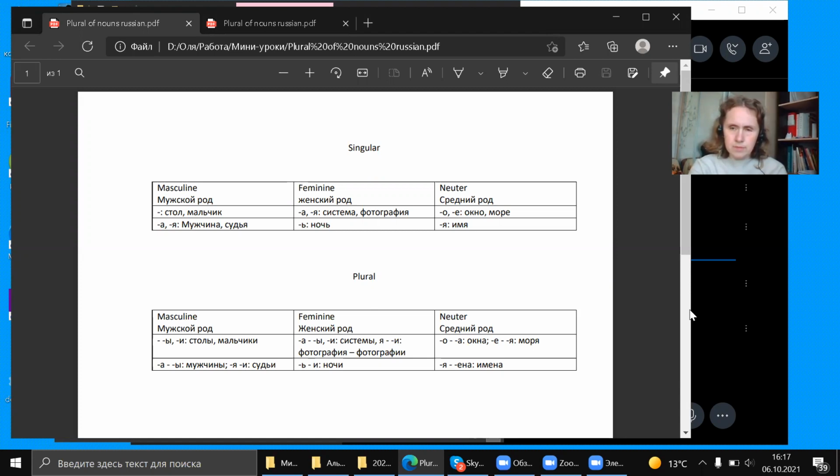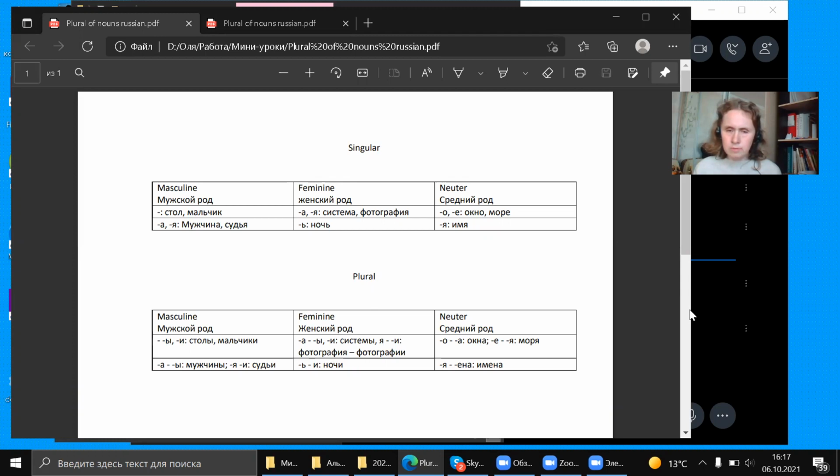the masculine nouns can either have 0 ending, what I marked as a dash. So there is no ending, they just end in a consonant. And examples of this will be stol, a table, and мальчик, as I said, a boy. One more group of masculine nouns can end in a or ya.